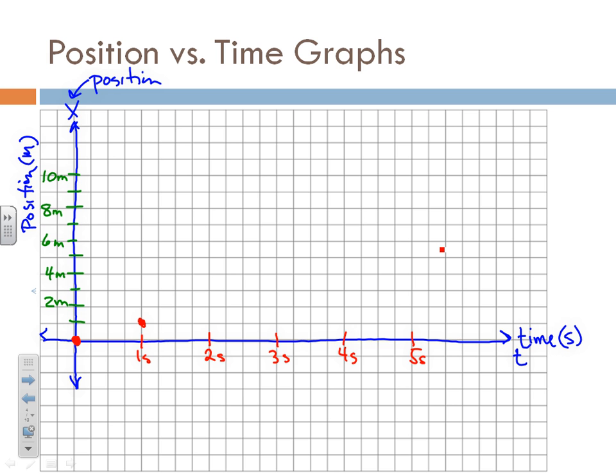At 2 seconds, I'm going to be located at 2 meters. So position, time. My next position will be 3 meters at 3 seconds, 4 meters at 4 seconds, 5 meters at 5 seconds.